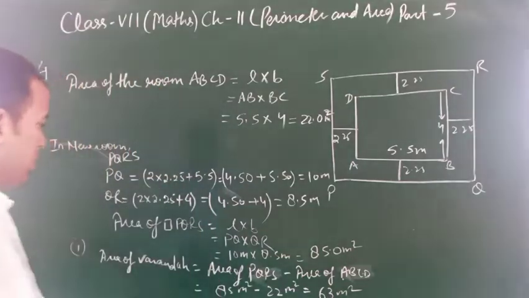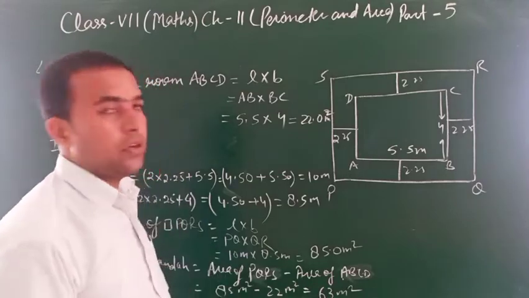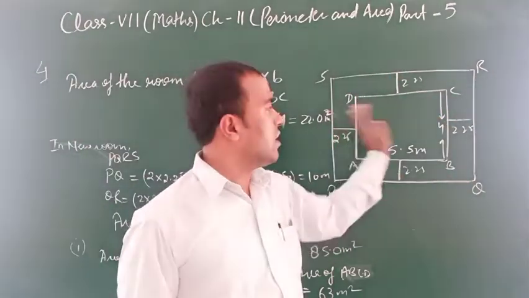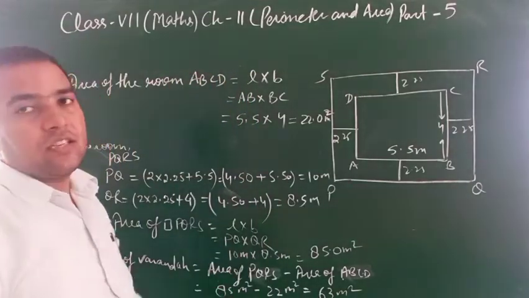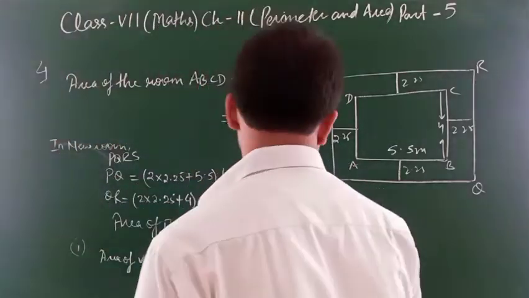Then area of veranda, area of PQRS minus area of ABCD, means area of new rectangle minus area of old room. Then we are getting 63 meter square. It is the first part of the answer.